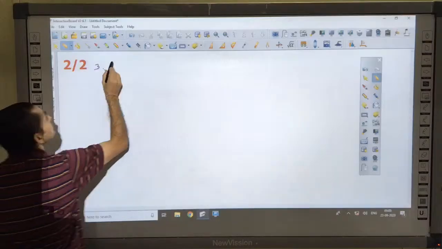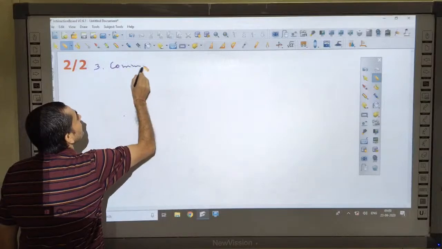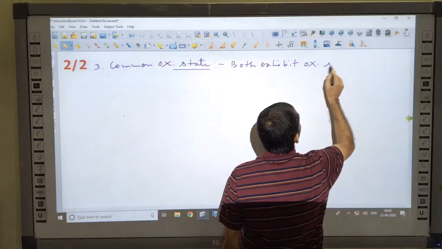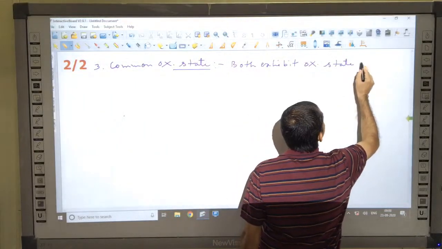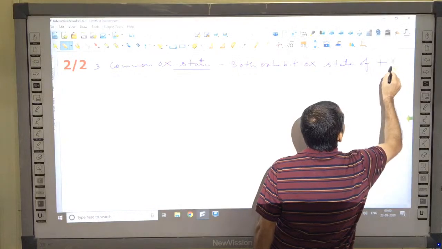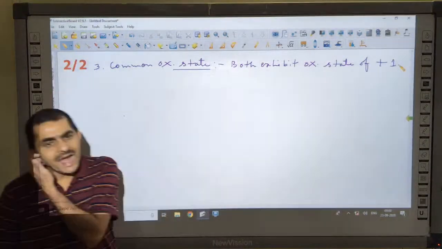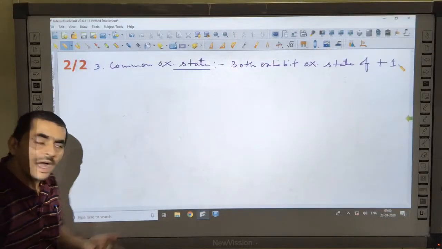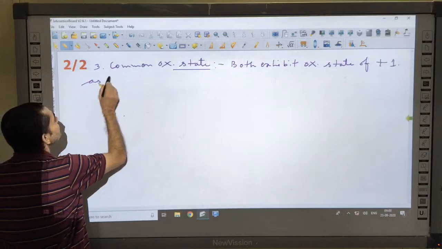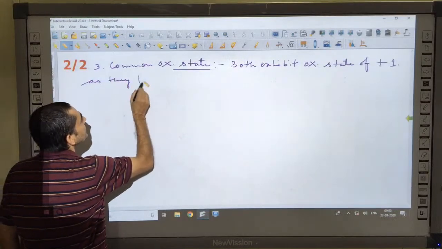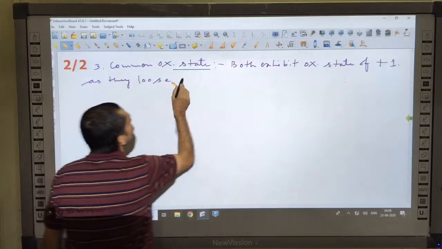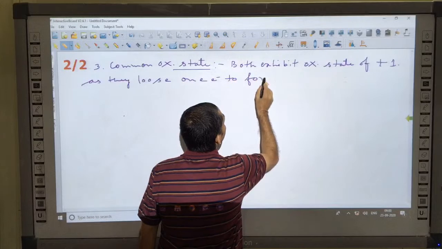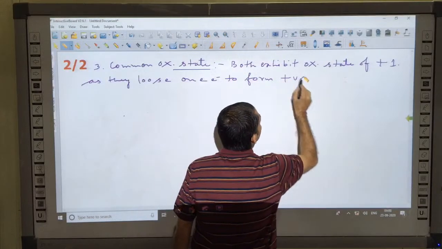The common oxidation state is +1. Both hydrogen as well as alkali metal exhibit an oxidation state of +1. Why? As they lose one electron to form a positive ion, they lose only one electron.